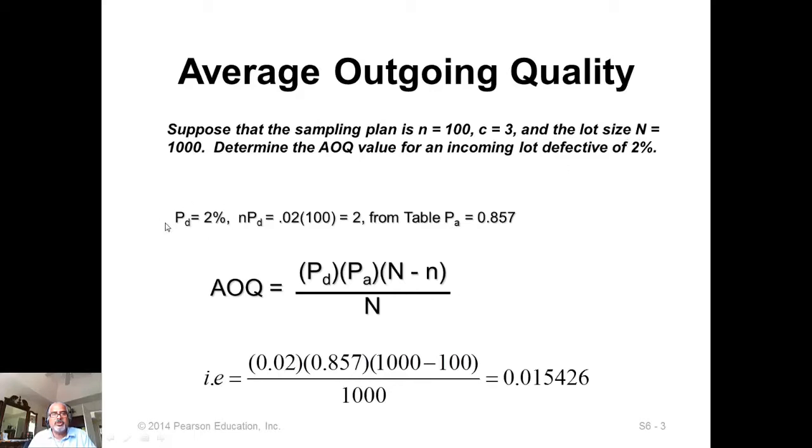If P sub D is 2%, the first thing to do is to compute the corresponding P sub A from the Poisson table. So n times P sub D is 2, and then go to the Poisson table. For 2 and c equal to 3, find P sub A. Then you plug it into this formula, and you get your AOQ, average outgoing quality.